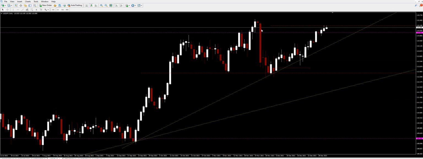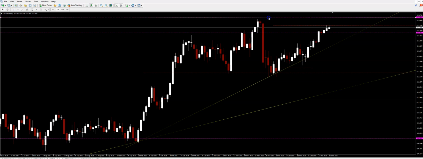Now, what we need to verify is if price will break above the wick on this candle. So I'm going to put in another purple line, and I'm going to move it right to the top of the wick of that candle. So technically this area right here is what we're dealing with. We're dealing with this area.